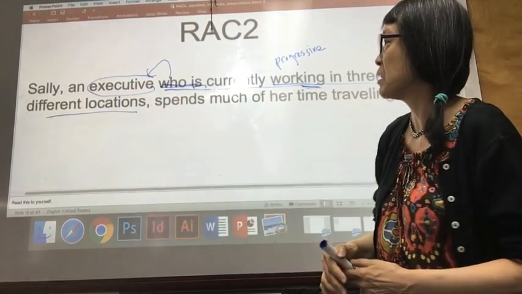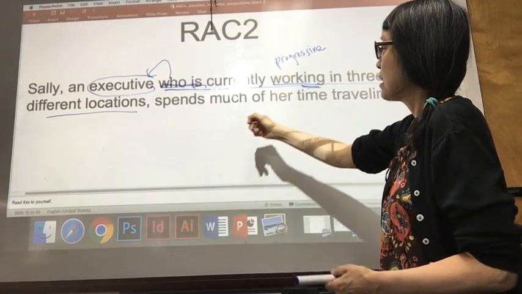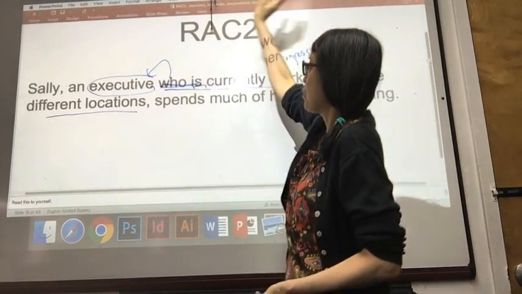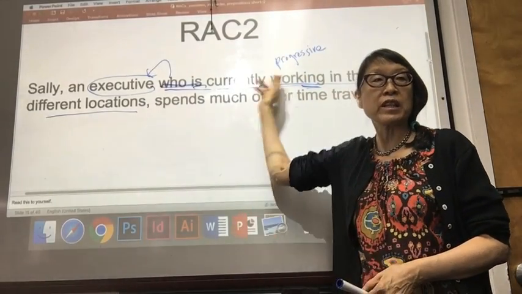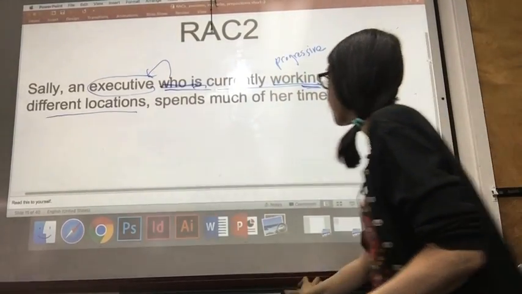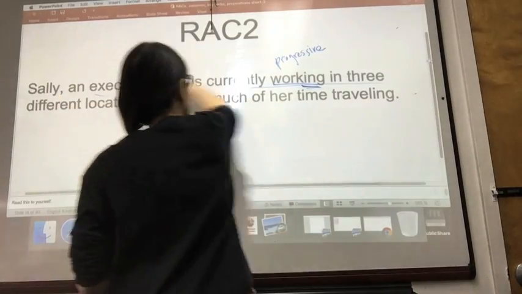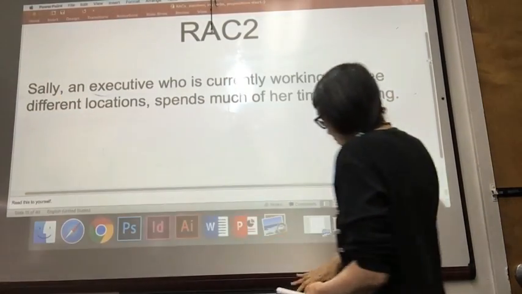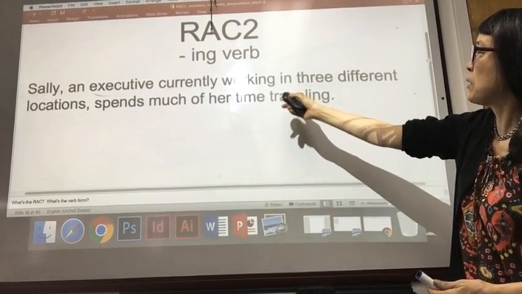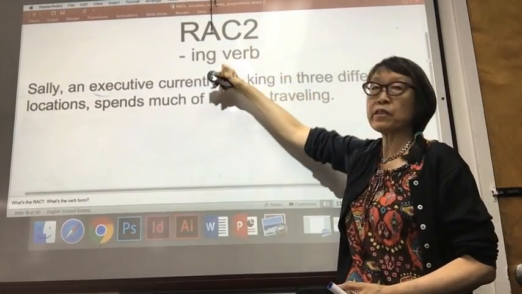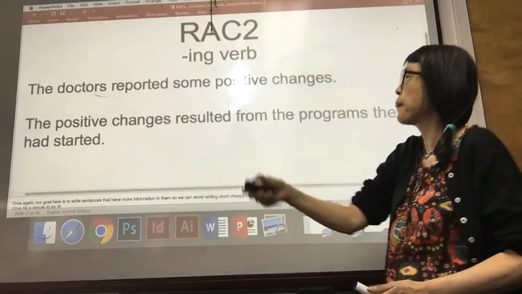Yes. Now by taking out "who is," we've created a reduced adjective clause with the ing form of the verb. And there it is, reduced adjective clause, RAC2 with the ing form.